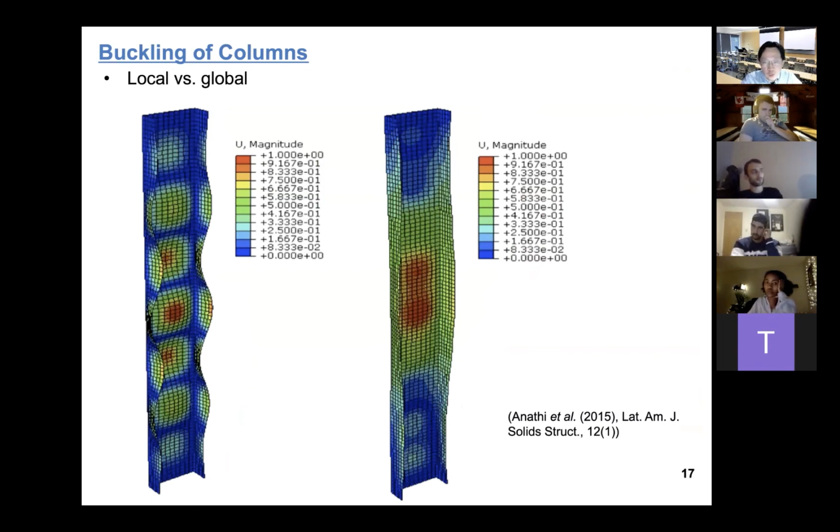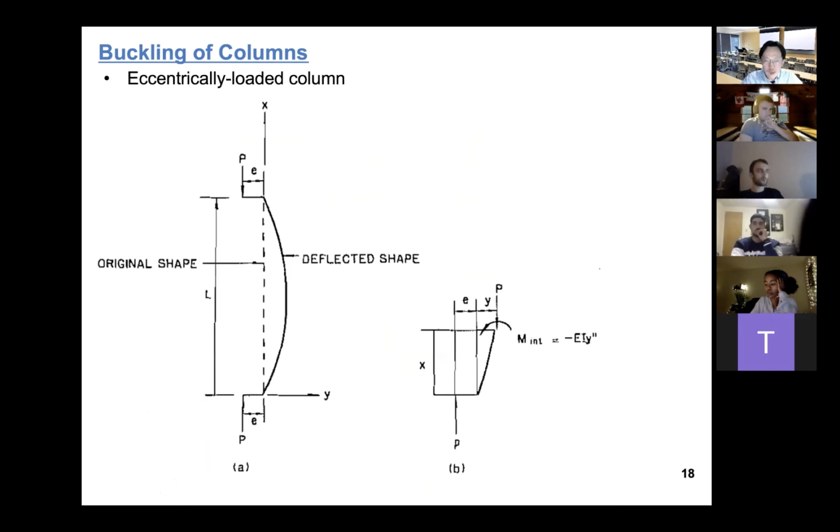Now the difference between these two cases is that the simulation on the left does not have diaphragms, and the simulation on the right has different diaphragms. Mechanically speaking, the one on the left indicates a higher buckling mode, and the one on the right shows the lower buckling mode. So we already talked about this one.